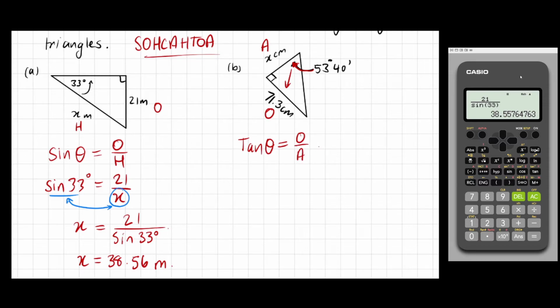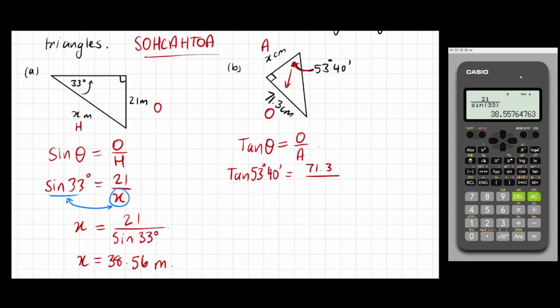Substituting these values in now, our known values. So we know my angle, I might have to squeeze this in a bit, well, I don't have to because I can just erase some stuff. It's tan 53 degrees and 40 minutes. I'll show you how to put this into your calculator once we get to that step. So tan 53 degrees 40 minutes is equal to my opposite, 71.3, over my adjacent.